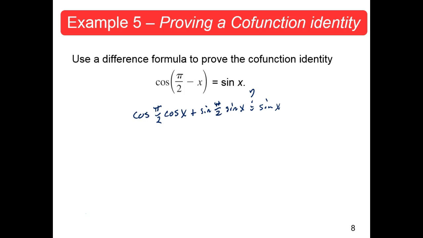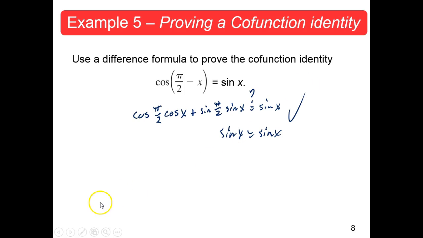Anybody? 0. So this term goes to 0. What's the sine of pi halves? 1. So that sure enough says that sine x is equal to sine x. Yes, verified. So we were right all along that the cosine of the complement of an angle is the same as the sine of that angle. Good deal.